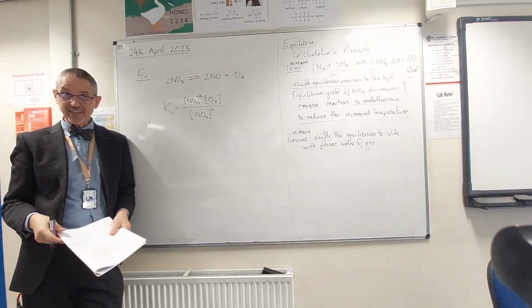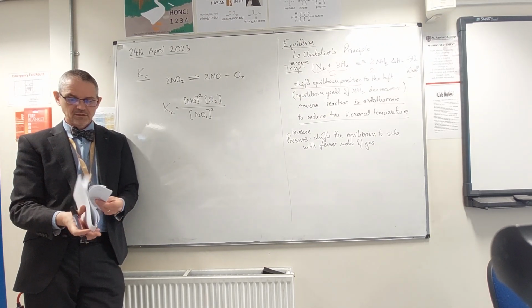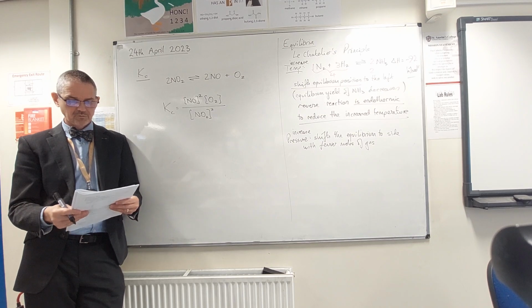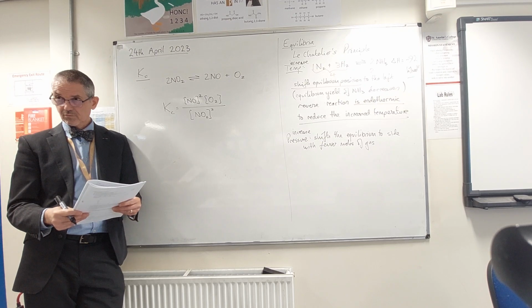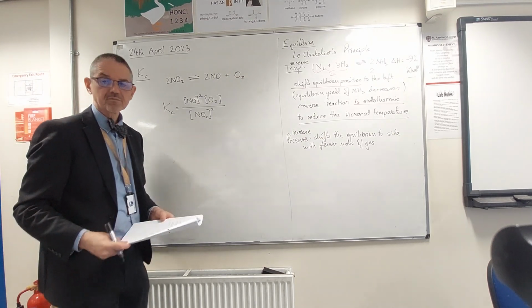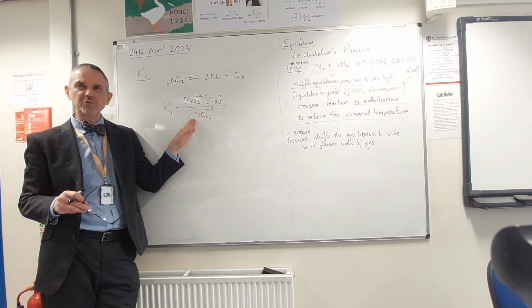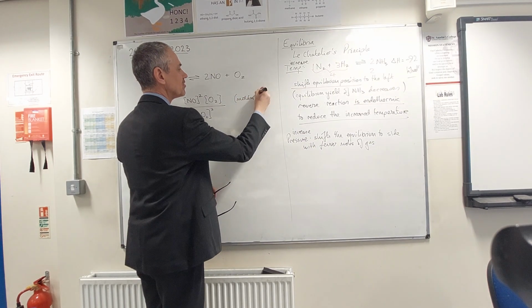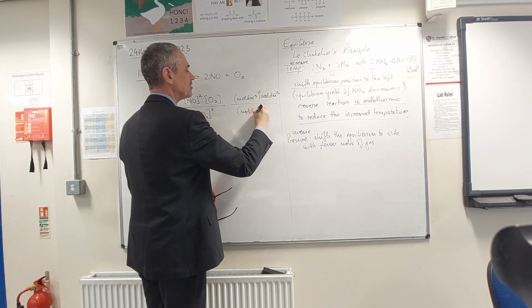How do we work out units for Kc? If we replace those symbols with units, we'll have mole per dm cubed squared times mole per dm cubed, over mole per dm cubed squared.